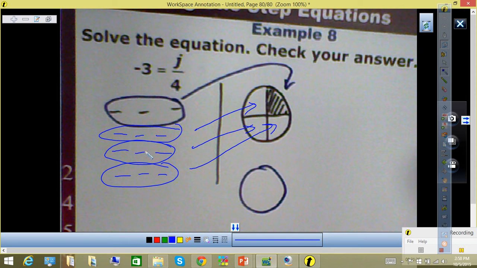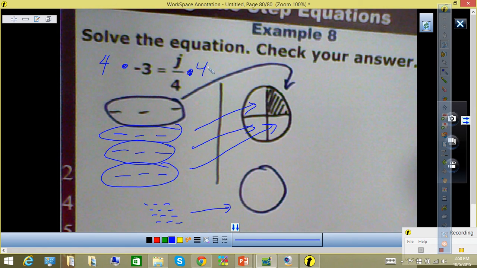So how many total? Negative what? 12. 1, 2, 3, 4, 5, 6, 7, 8, 9, 10, 11, 12. And all those are going to fit in the entire cup. So what did we need to do? We need to multiply times 4. And whatever we do to one side, we do to the other.